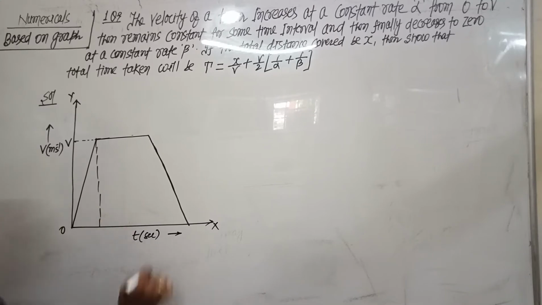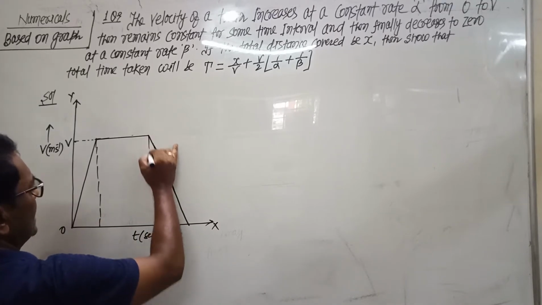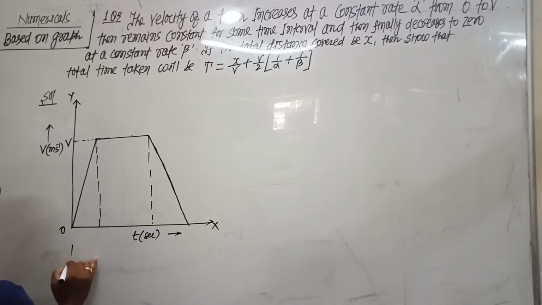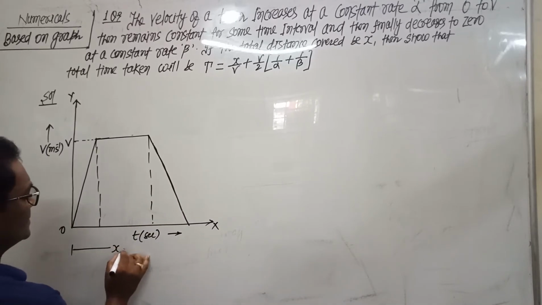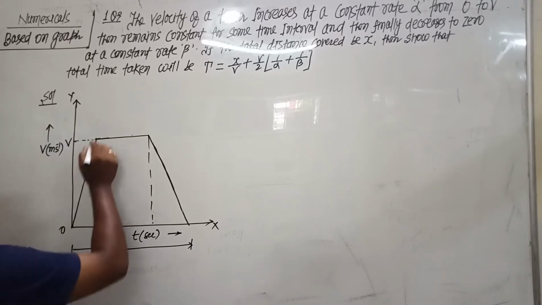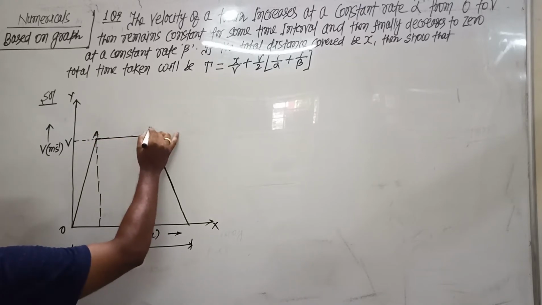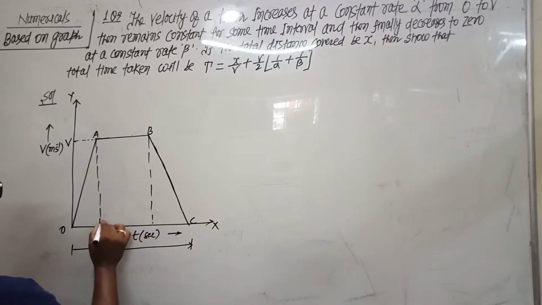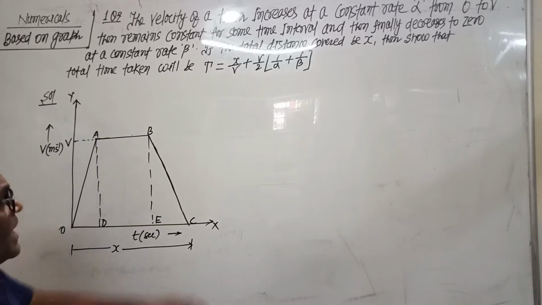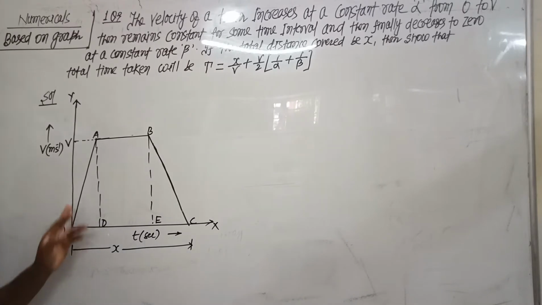So we have to find the total time taken to cover the distance x. This distance is given as x. Name the points O, A, B, C, D and E. So we have to find the total time in covering the distance x, which is x by v plus v by 2 into 1 by alpha plus 1 by beta.